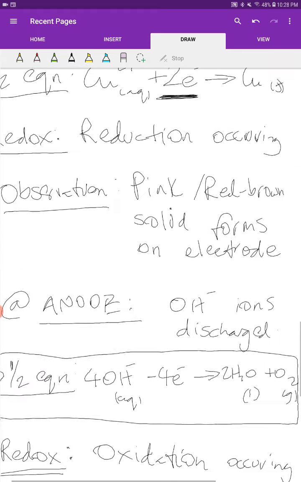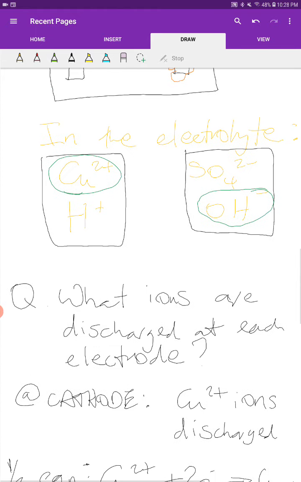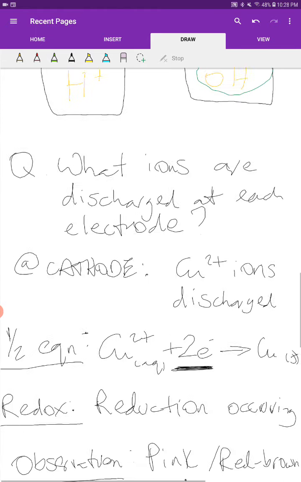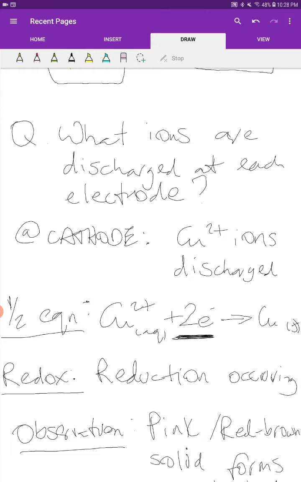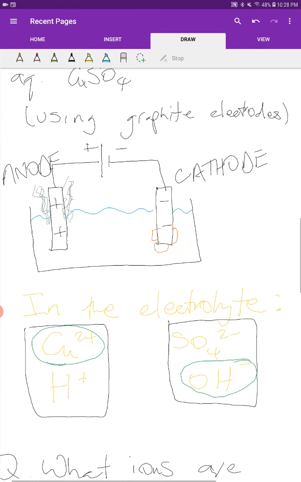Alright, you identify what ion is being discharged at each electrode. You identify what redox process is taking place. You write the half equation to show what is happening at each electrode, and you describe what you might potentially see at each electrode.